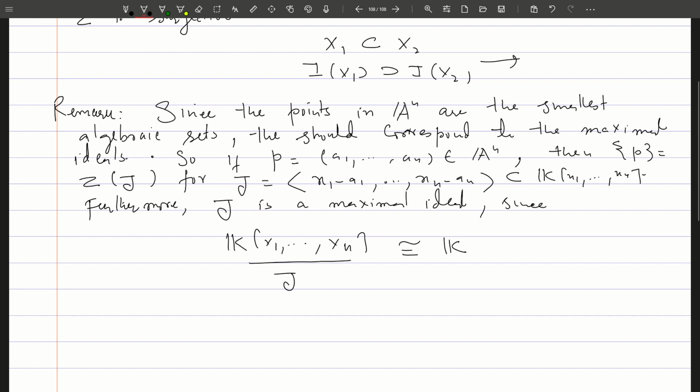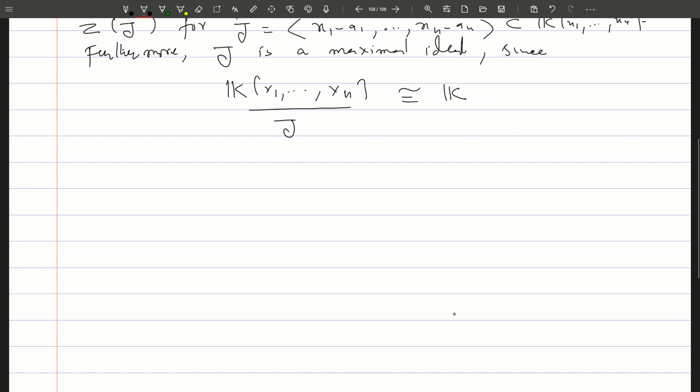Now the singletons P being the smallest algebraic sets, this would imply that the ideal J is contained in the ideal of this singleton P, because this is the largest ideal, because this P is the smallest algebraic set.